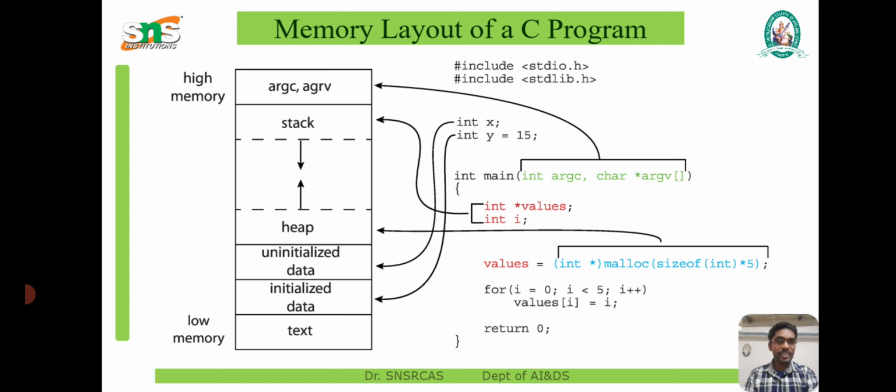And there is a stack segment with a heap memory area which is used to allocate memory during the runtime of the program, which is actually called dynamic memory allocation. And apart from that, the arguments given to the main function are stored in the highest memory. This is the simple process memory layout of a C program.